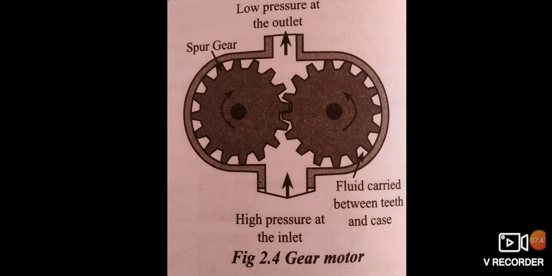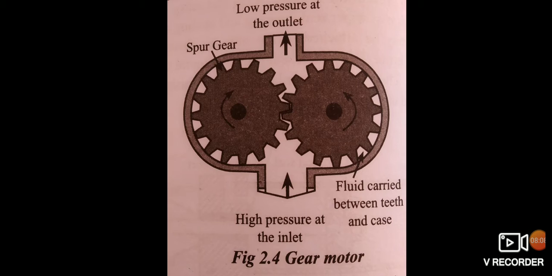There are two teeth trying to move the rotor in the proper direction, while one net tooth at the center mesh tries to move it in the opposite direction. In the design of a gear motor, one of the gears is keyed to an output shaft, while the other is simply an idler gear.